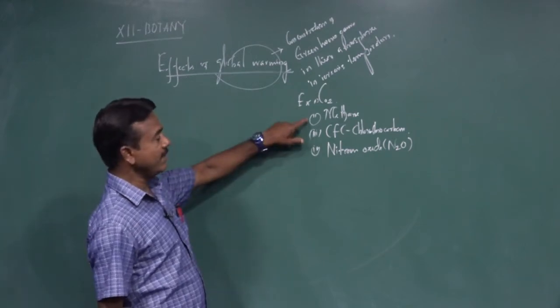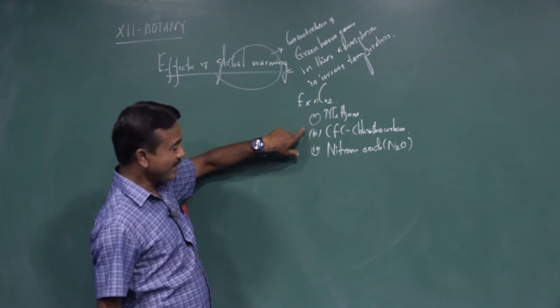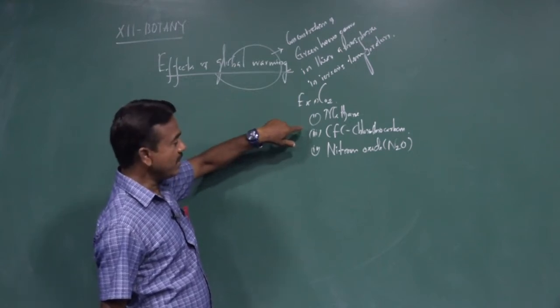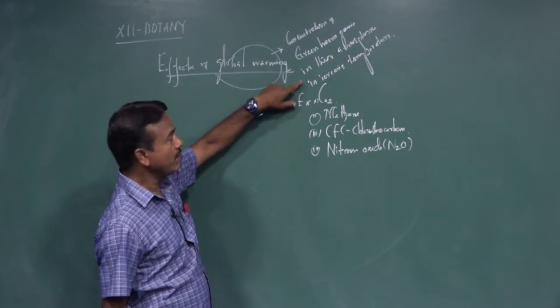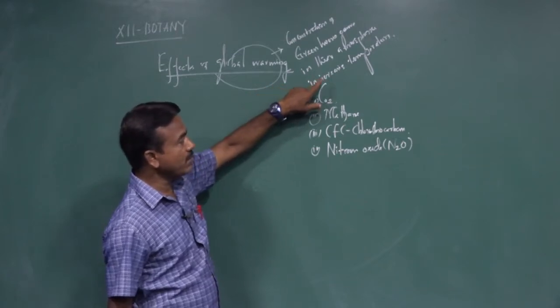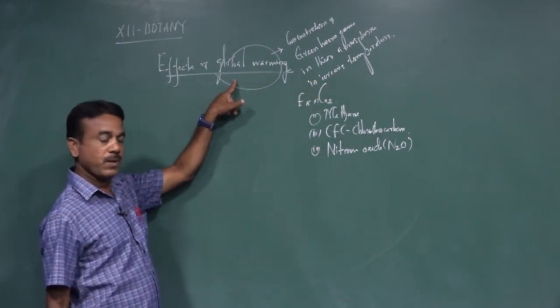These are examples of greenhouse gases. If they occur in high concentration in the atmosphere or air, they are responsible for increasing temperature. That is nothing but global warming.